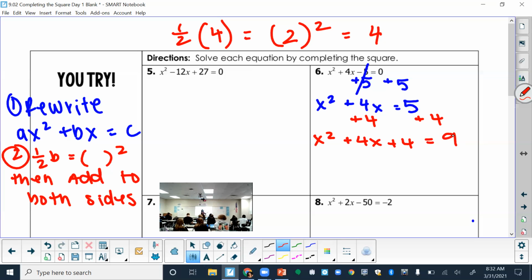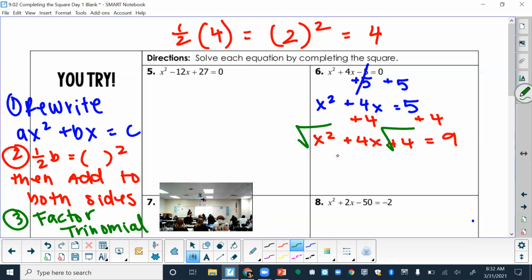Now we can factor it using that same way that we did yesterday in the warm-up. So number 3 would be to factor the trinomial. With perfect square trinomials, it's really easy. I can take the square root of the first and last term. What's the square root of x squared? x.